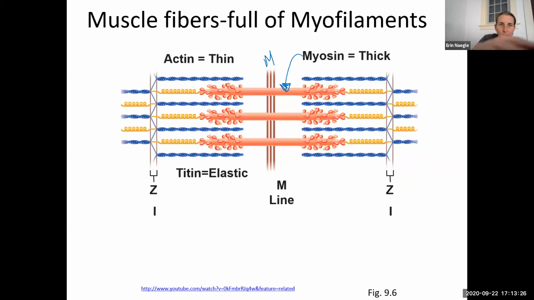These blue ones are called the thin filaments, and one of the primary proteins in that thin filament is actin. Cool. And then there's this other thing that looks like a spring or a coil, and that is called titin, or an elastic fiber.